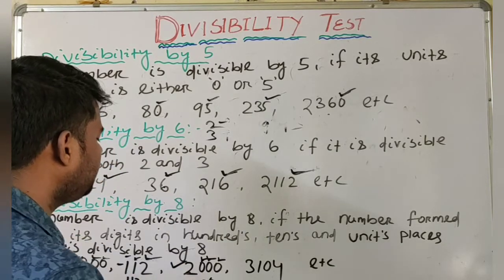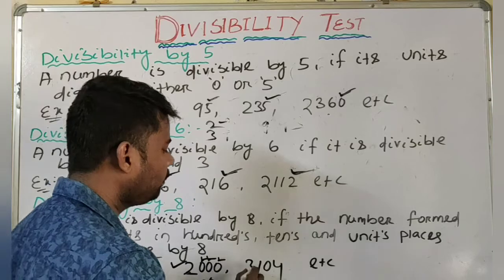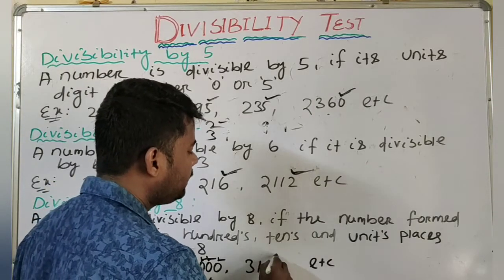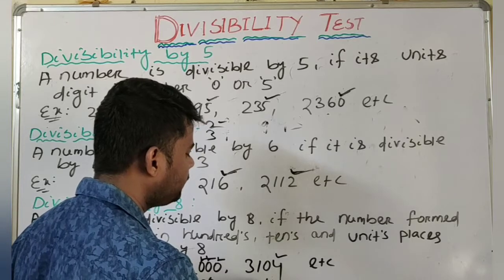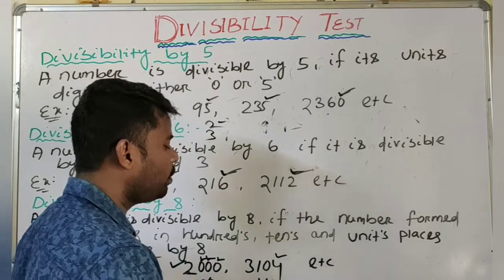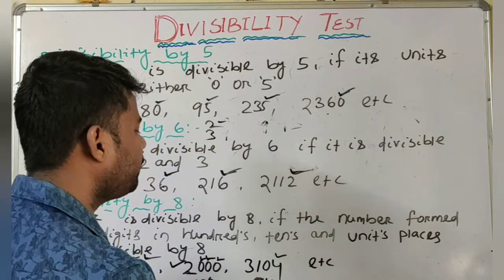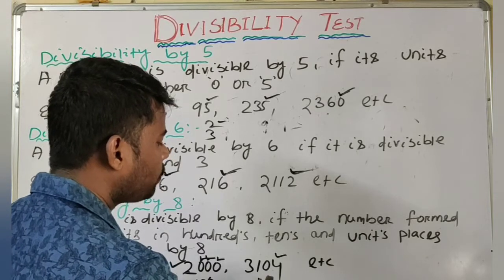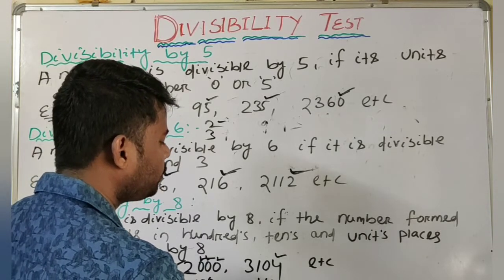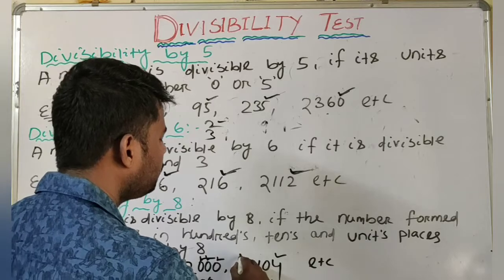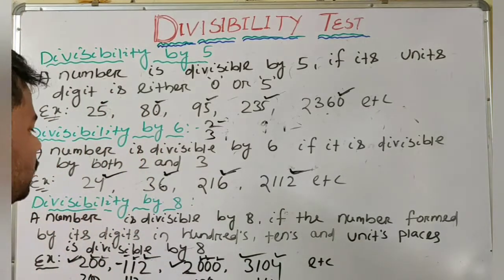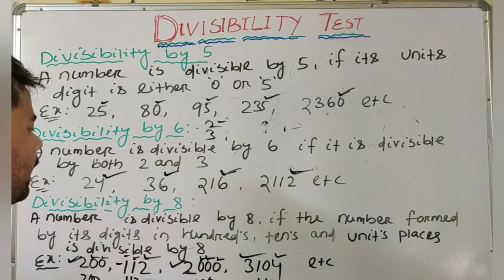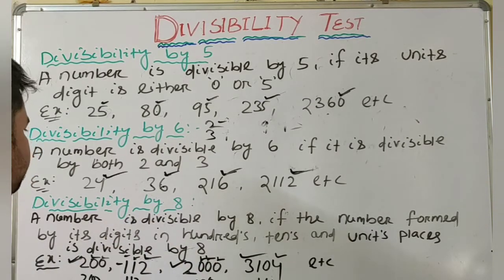So this number is divisible by 8. Here its units digit is 4, tens digit 0, hundreds digit 1, the number formed is 104. 104 is a multiple of 8, so this number is also divisible by 8. So in this way we can find out which number is divisible by 8 or not.